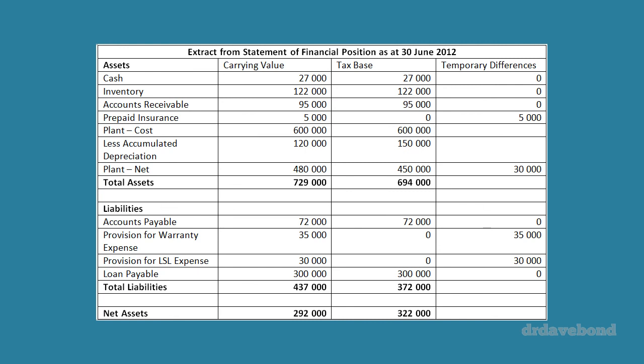So these will give rise to DTLs. Combined, that'd be $35,000 times by 30%. This would be $65,000 combined times by 30%. So we've just summed these two effects. That'll lead to 65,000. We've summed these two because they're both going to give rise to DTLs.